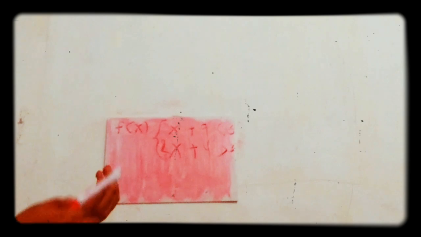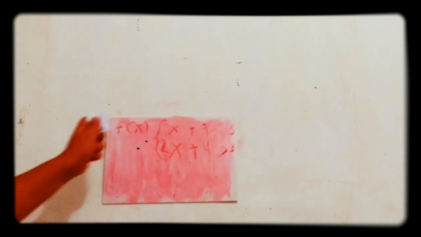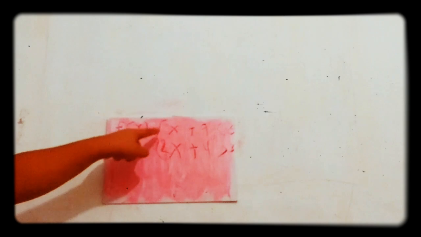Why should I put this at the end of the equation? Because, as I said a while ago, the problem set is important.